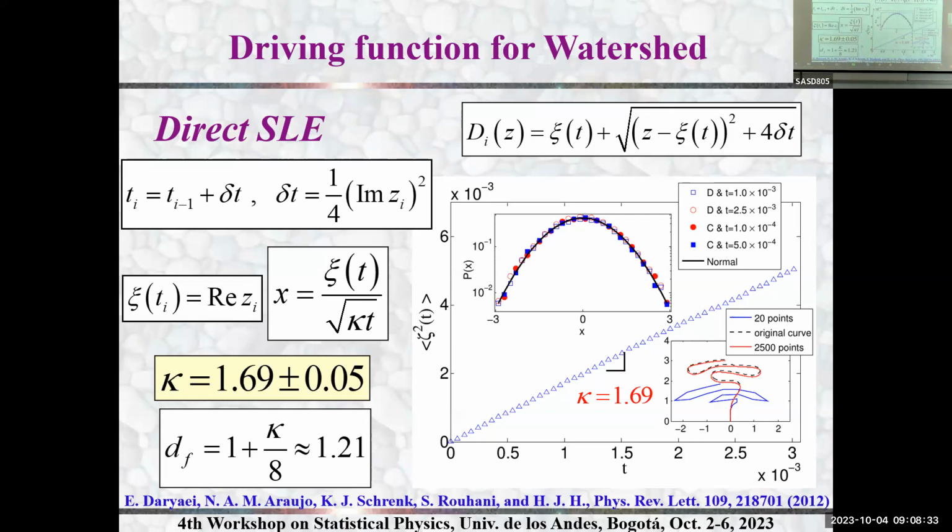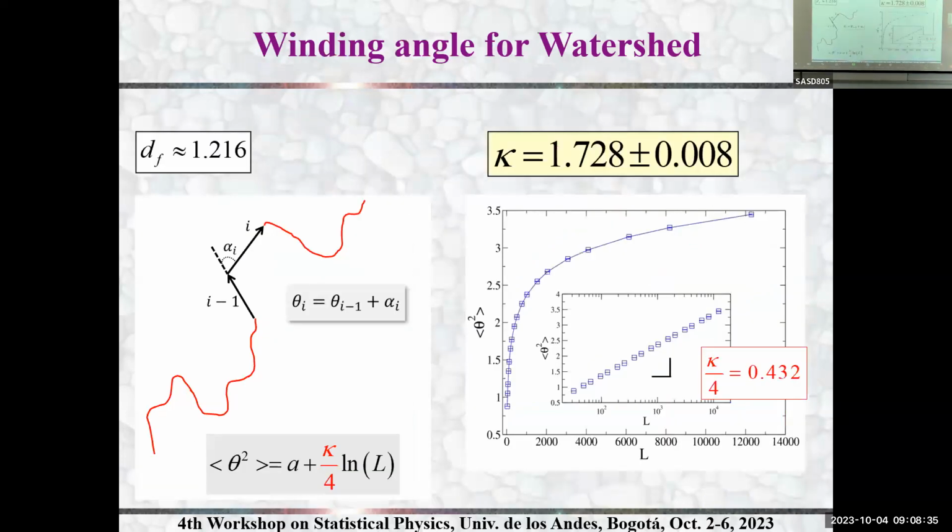Okay, so now I would like to make another check, namely, I would like to show you the general check to see the necessary condition that any conformally invariant path must fulfill. This was shown for the first time by Duplantier for the Coulomb gas, and it is a so-called winding number. You have your path, and at every moment there is a certain direction where it moves.